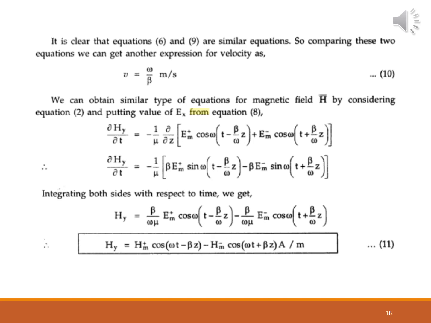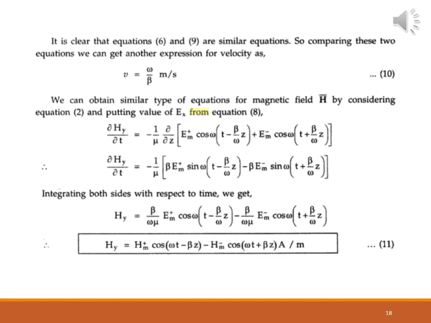Just scroll back to the slide, to equation 2, and for the value of Ex, substitute from equation 8. Since the equations are numbered, and it's not possible for me to read out all of them, if you have a doubt, go back, look into that equation, and then come back and substitute. Then when you integrate both sides with respect to time, this is the expression.